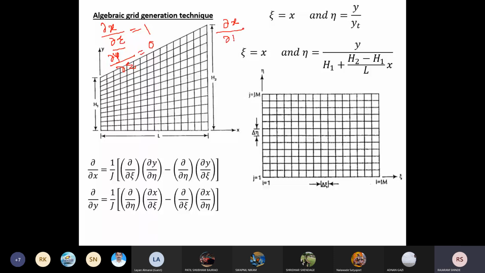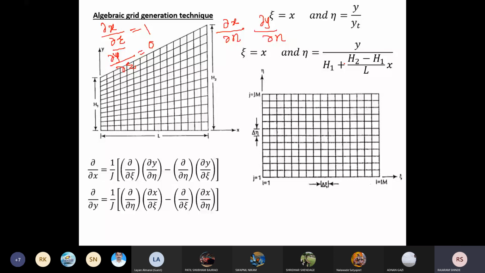Now how can we find ∂x/∂η? Here this is the relation between x and η. How can we write this equation?